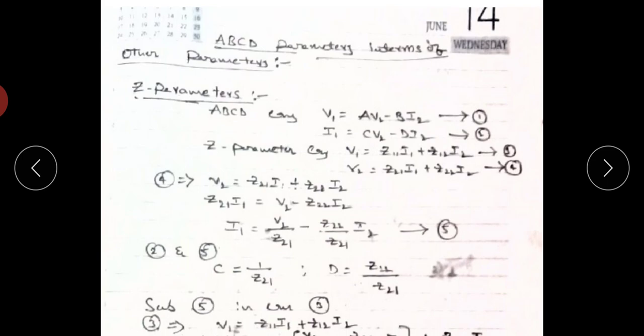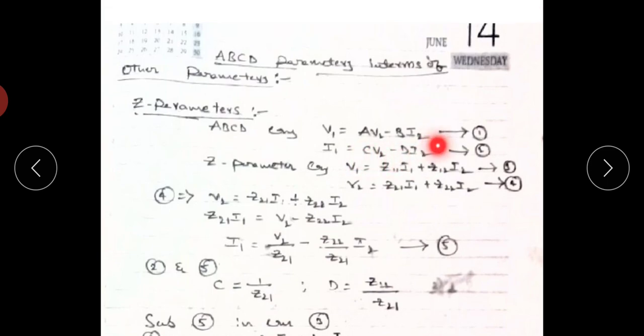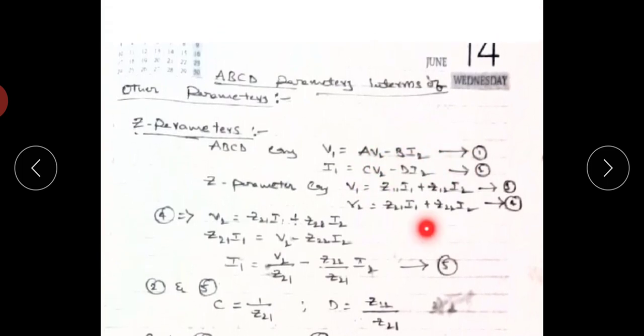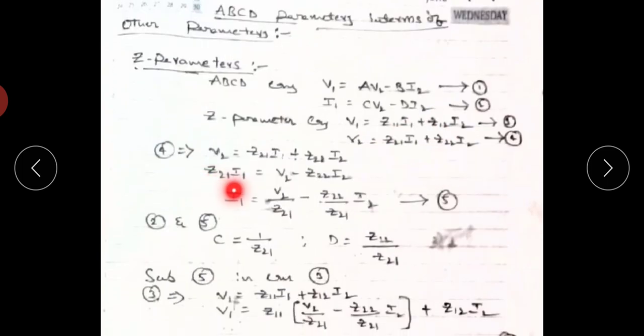Now from equation 4, V2 equals Z21 I1 plus Z22 I2. Using this equation, write I1 as a function of V2 and I2, like equation number 2. So Z21 I1 equals V2 minus Z22 I2, so I1 equals V2 by Z21 minus Z22 by Z21 into I2.